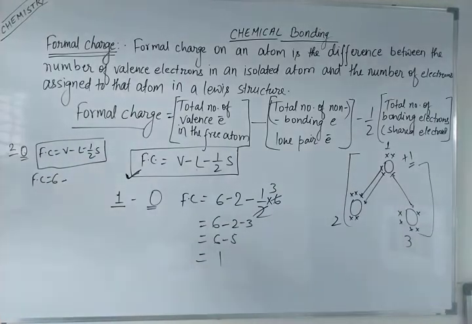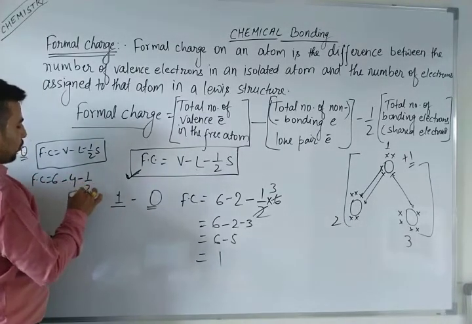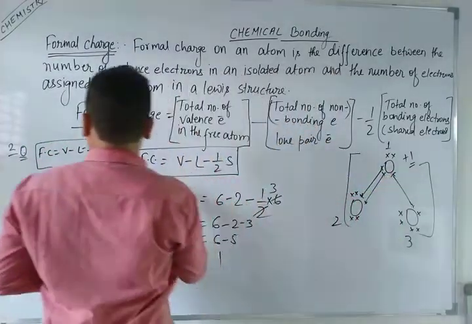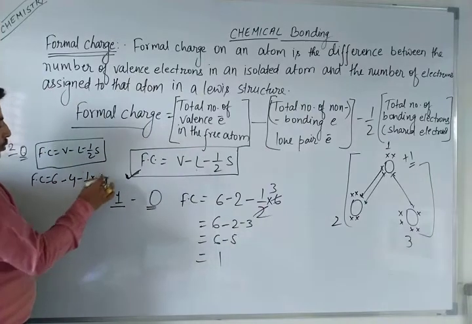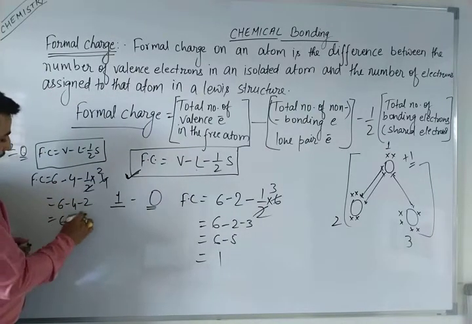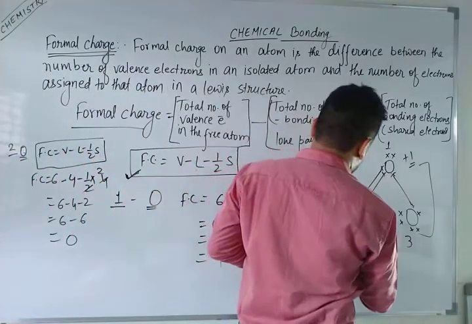You can see in the second oxygen there are a total of 4 lone pair electrons, means 2 lone pairs, 2 2s are 4. And minus half into shared pair electrons: 1, 2, 3, 4, half into 4 is 2. So 6 minus 4 minus 2, 6 minus 6 is equal to 0. So the formal charge of oxygen number 2 is 0.